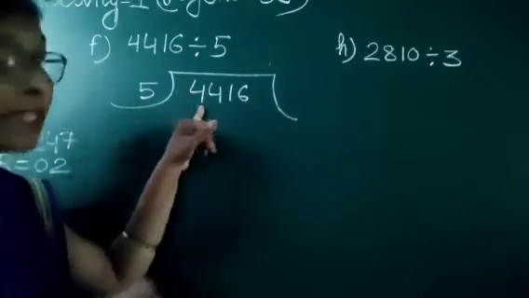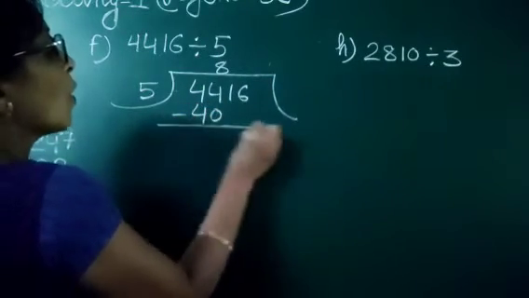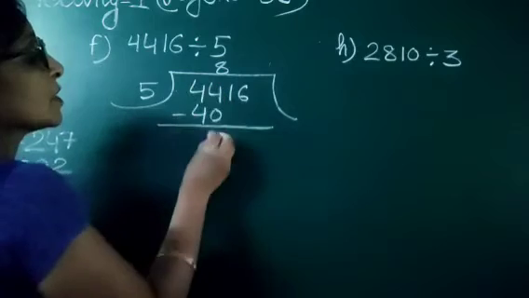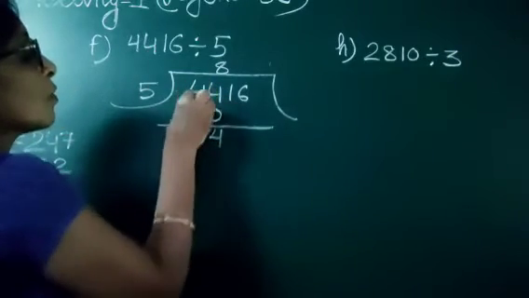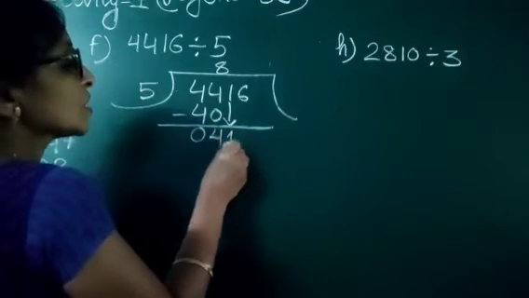It is more than that. So we take 7 8s are 40. Now subtract, 4 minus 0, that is 4. 4 minus 4 is 0. Now again we put this digit here.